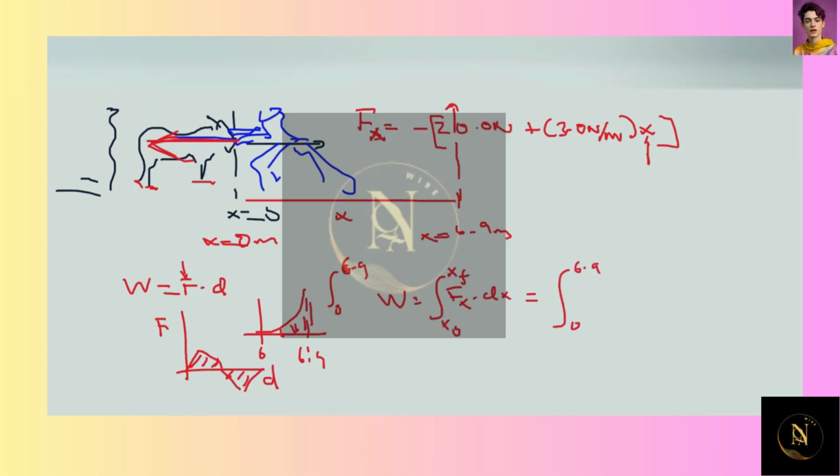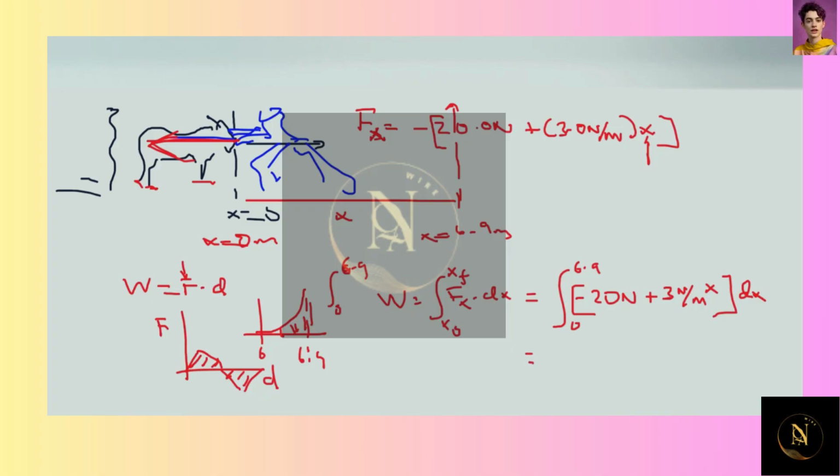Those are our limits of integration. And then we plug in the numbers. We have negative 20 newtons, plus 3 newtons per meter times x, and all of that in terms of dx, because dx is the symbol for the infinitesimal displacement, if you're thinking about areas under the graphs.